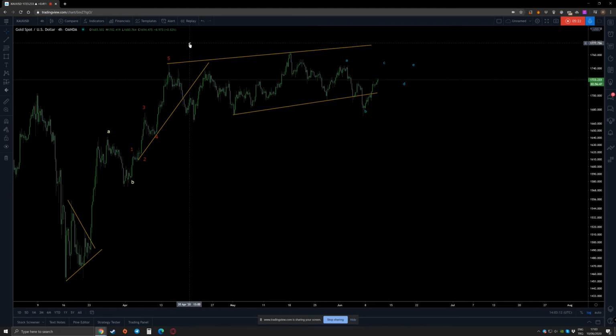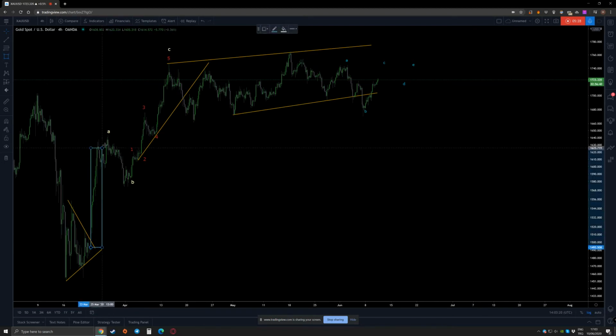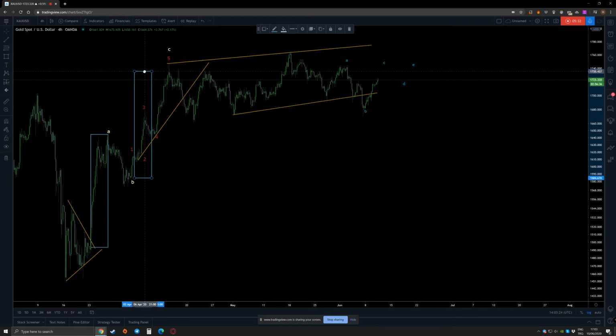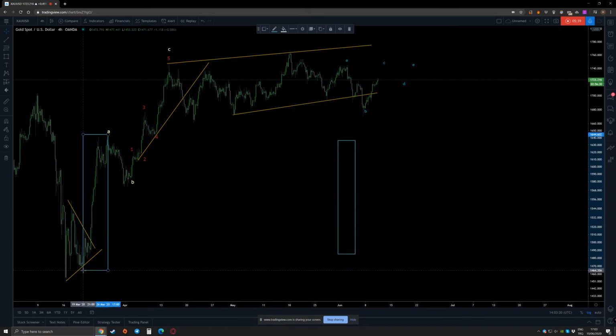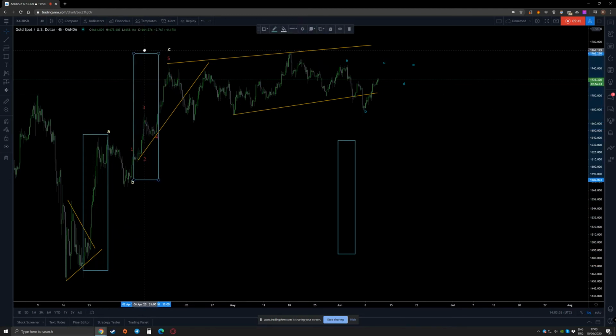But look, the reason why I also didn't put it here is the fact that this and this, time-wise, are not identical, as wave 1 and wave C. Now, let's say that I was wrong and this is the place where it should have started for this impulsive wave.